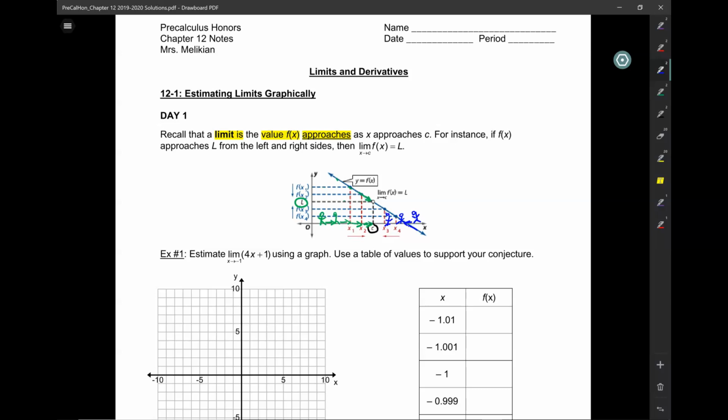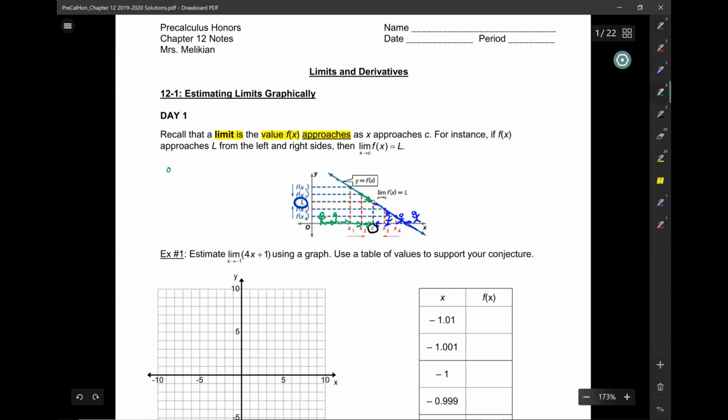And so what do I see the graph doing? The graph is increasing. And so I say to myself, by the time I get to this value of c, the graph is going to keep increasing, and it will reach a value, a vertical height of L.